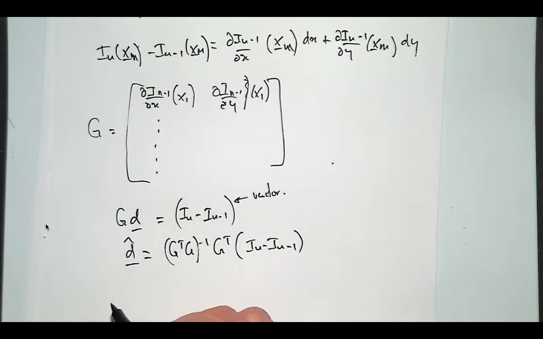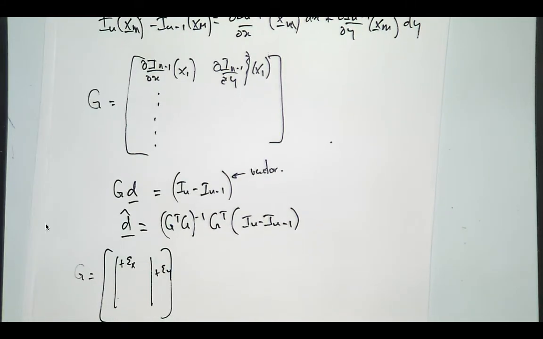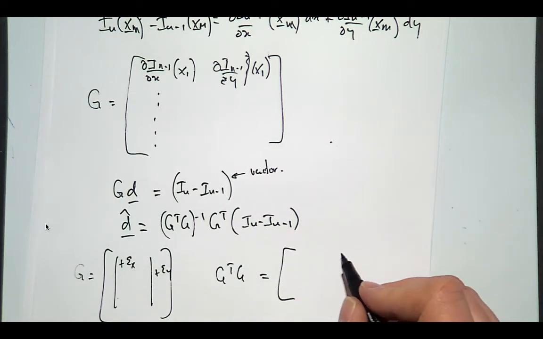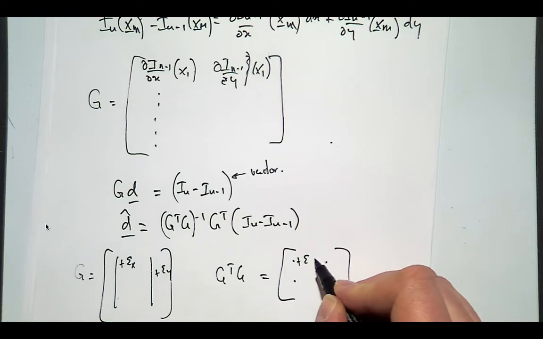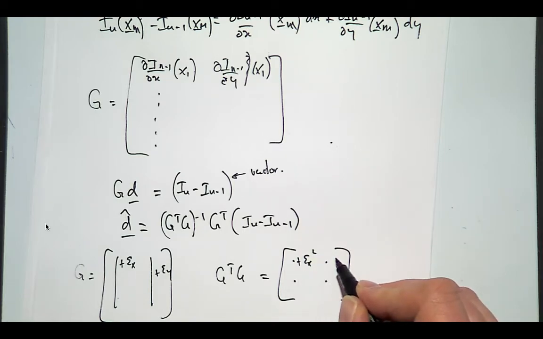If you have noise, that means that in your G matrix, here you have something plus noise and something plus noise in Y. And so when you do the G transpose G matrix, what you get here is the same term you had before plus something like that.